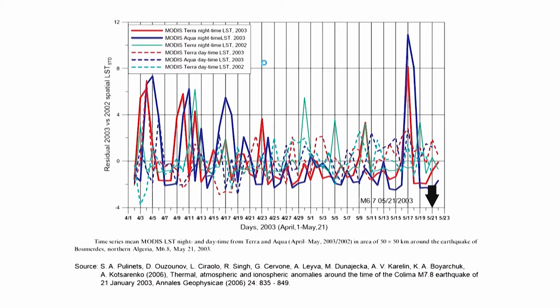Our interpretation was further supported by a study done by Poulinets et al. And they too used modest nighttime data and daytime data, as you can see here in the index, and the peak was reached on 17th April, and then on 21st April the earthquake occurred.